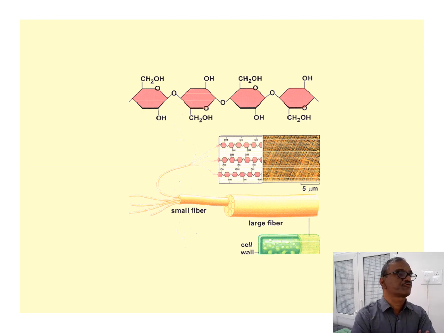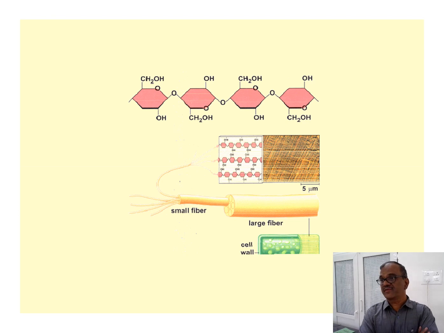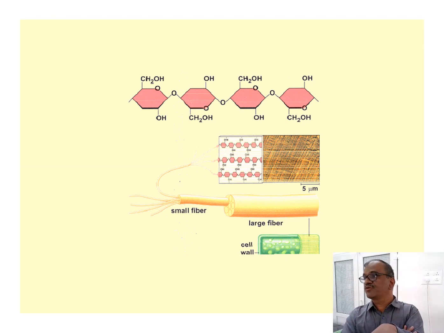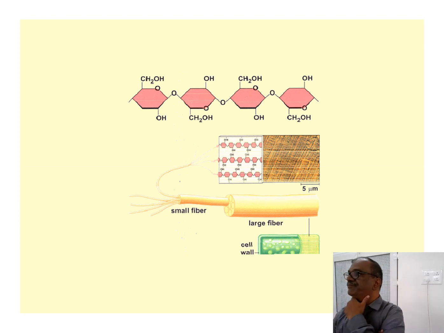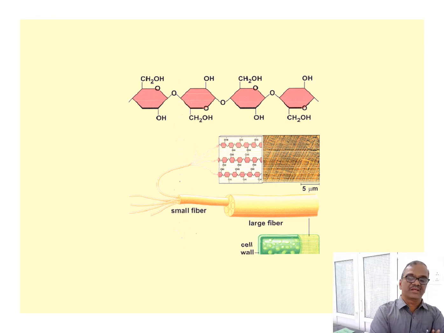You see in the figure in the first layer, the 1,4 linkages can be identified in the reverse orientation, where the CH2OH is present at the top in one glucose molecule and at the bottom in another molecule. So the first position is attached to the fourth position of the next glucose residue. Is it clear? Like that it goes on attaching.